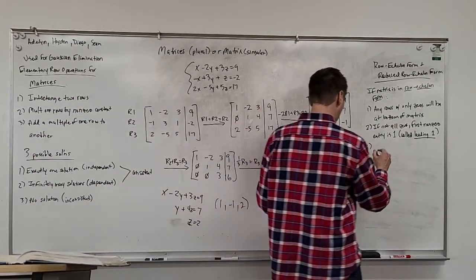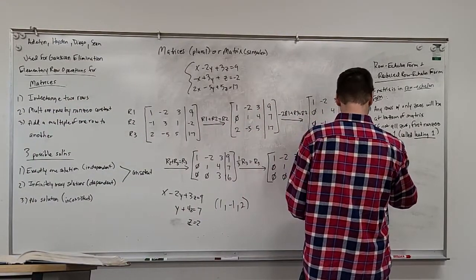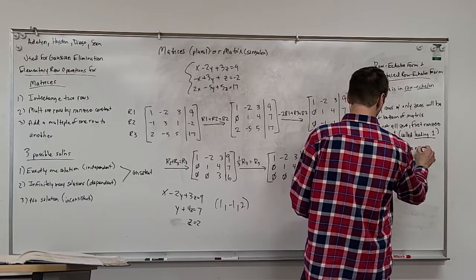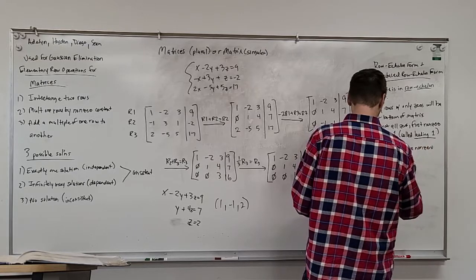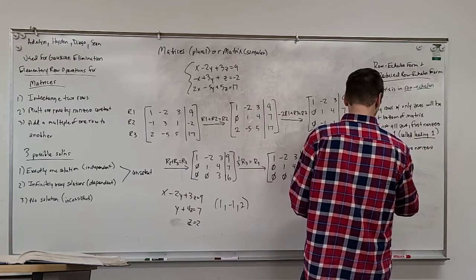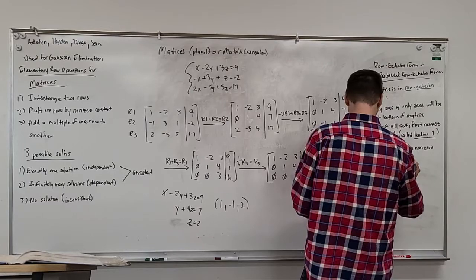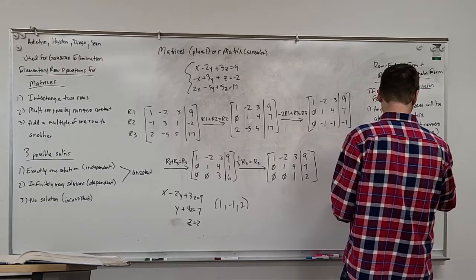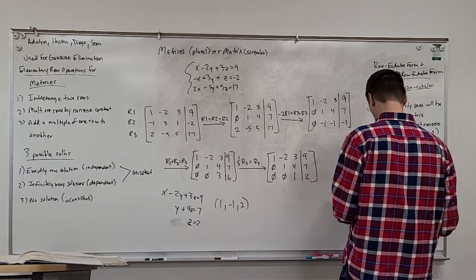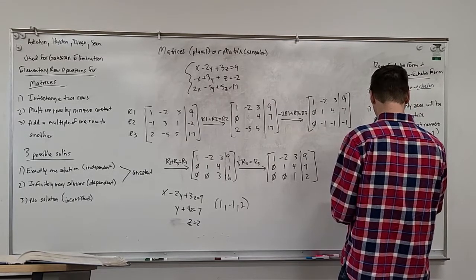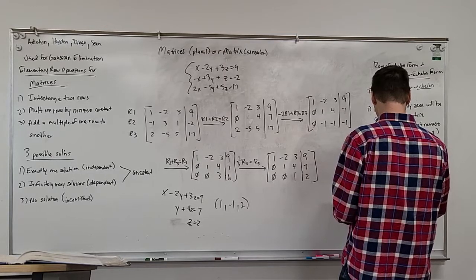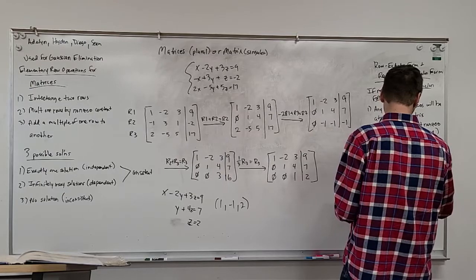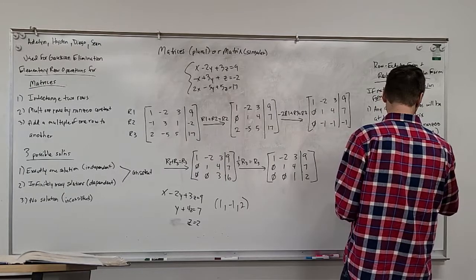And then number 3, for it to be in row echelon form, for 2 successive non-zero rows, the leading one in the higher row is farther left than in the row below.